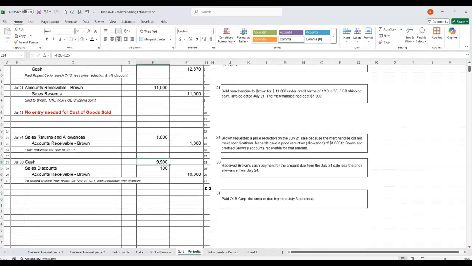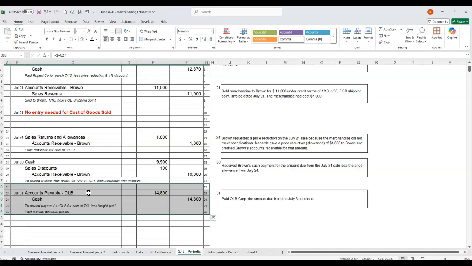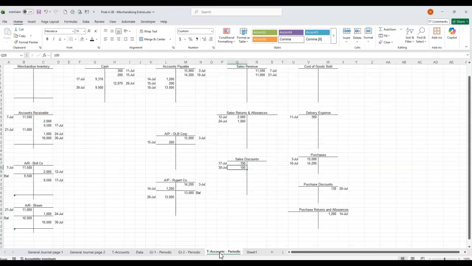We paid OLB for the amount that we owed them. And this is going to be the same thing as you would under the perpetual method. We're going to look for OLB, make sure what their balance is. Their balance at this point is $14,800 that we owe them. So we're going to debit that account.